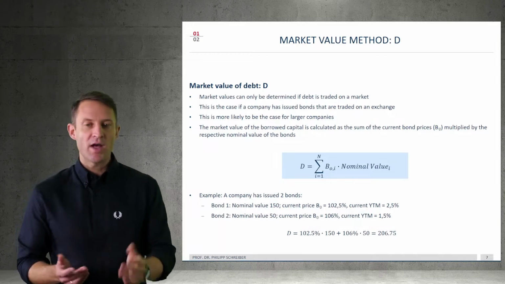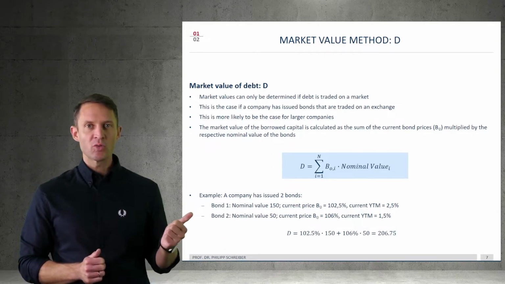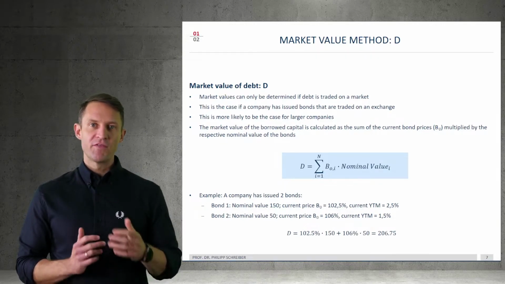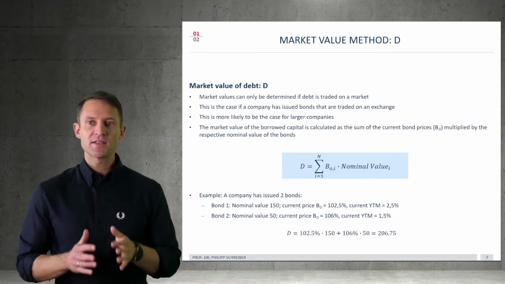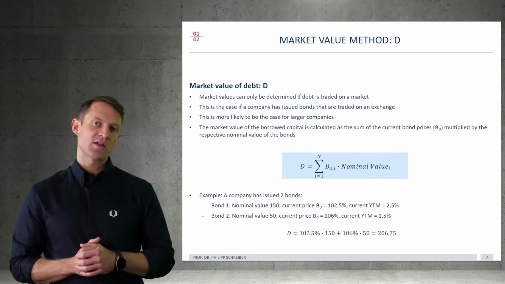I have a quick example here. Let's say some random company has exactly 2 bonds outstanding. Bond 1 has a nominal value of 150 million, bond 2 of 50 million, and the current prices are 102.5% of bond 1 and 106% of bond 2.